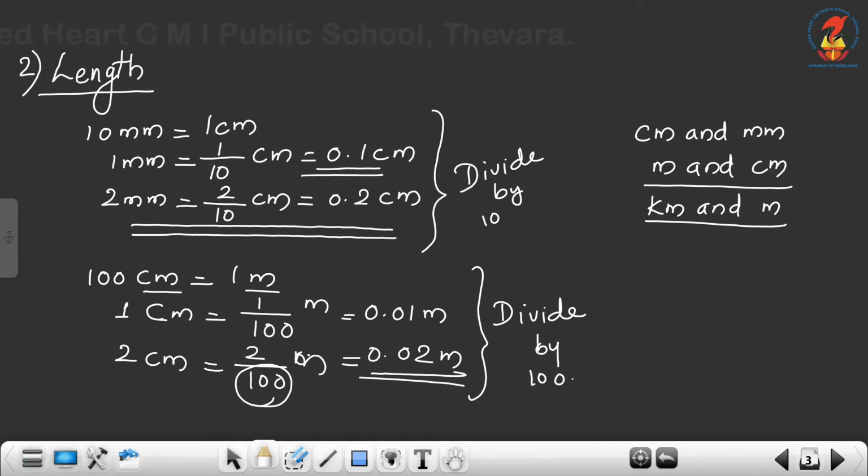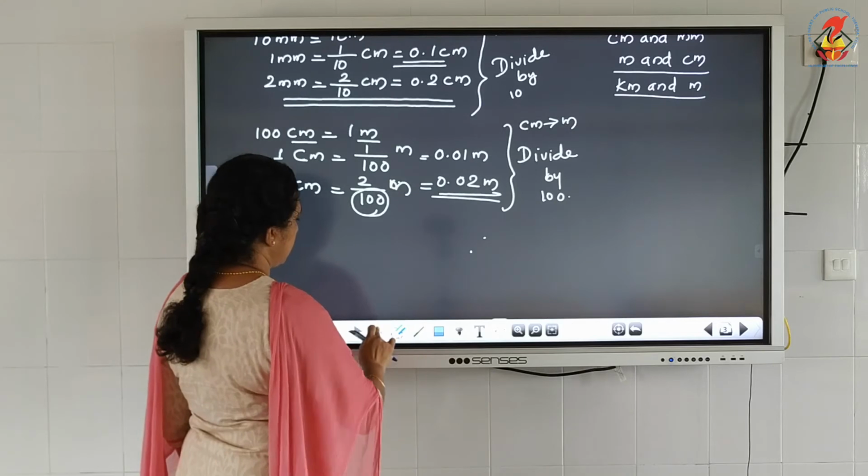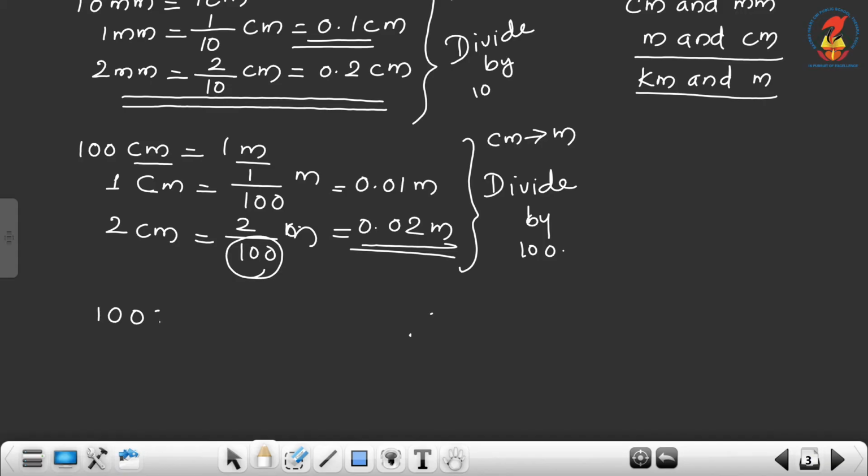So here we want to convert millimeter to centimeter, divide by 10. Then centimeter to meter, you have to divide by 100. Now next, 1000 meters is equal to 1 kilometer.